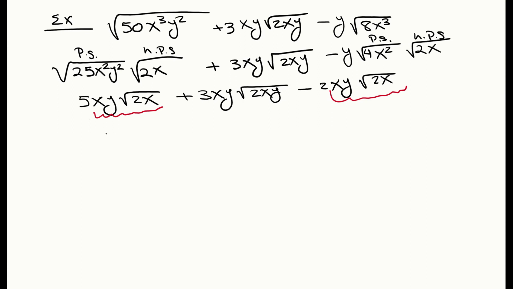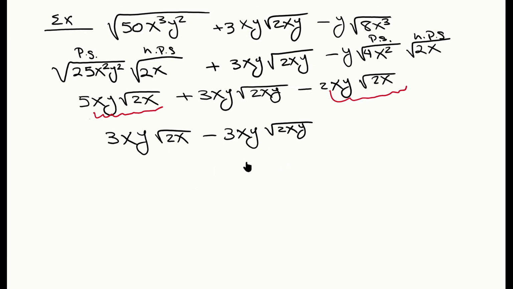So we end up with 3xy radical 2x minus 3xy radical 2xy. I wanted you to see that even though this looks very tempting to combine those, you really cannot.